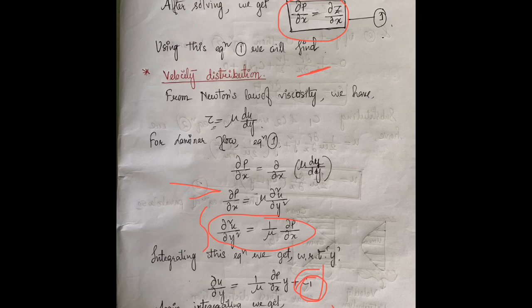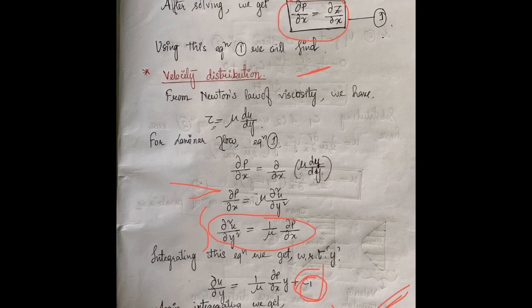Suppose the fluid element is situated at the lower boundary, that means y equal to 0, then u equal to 0.